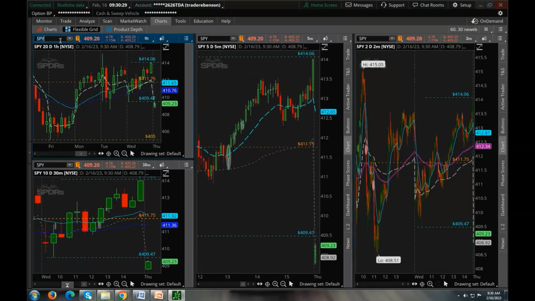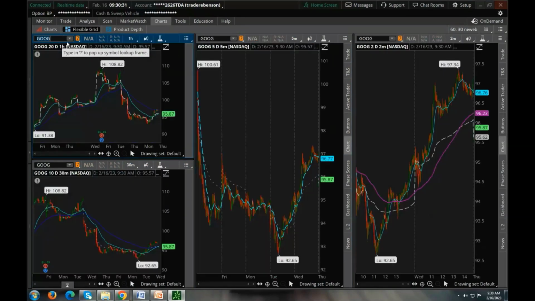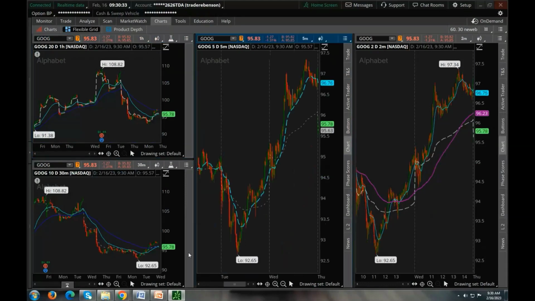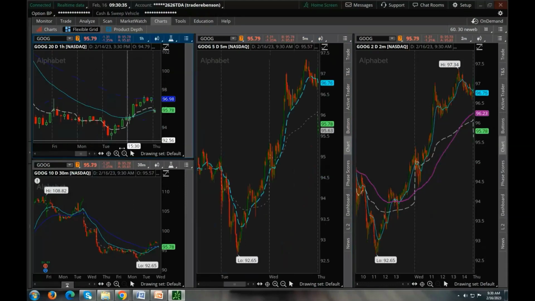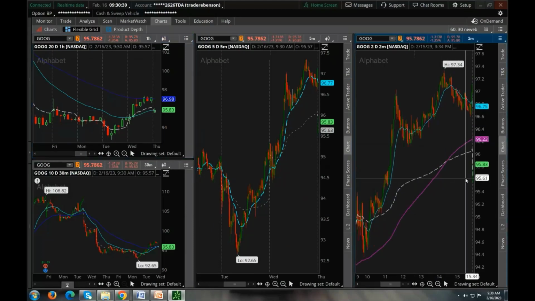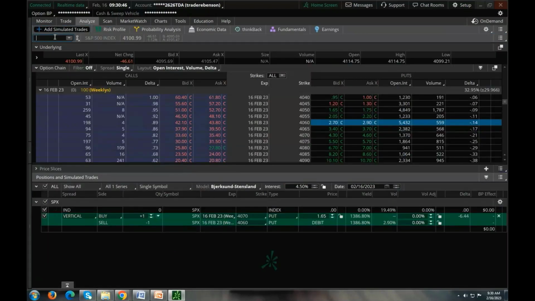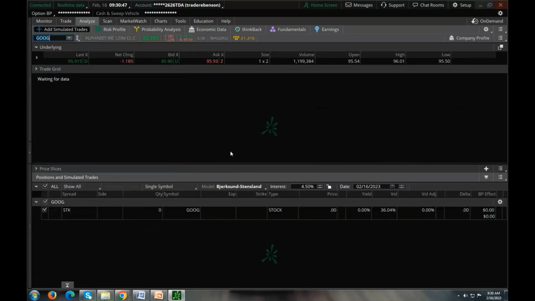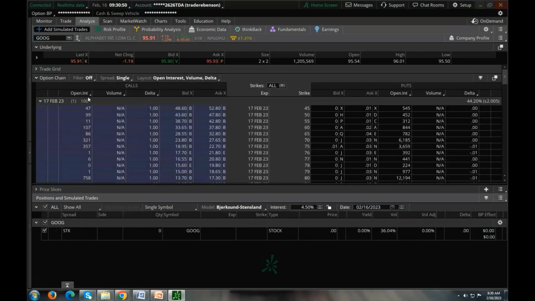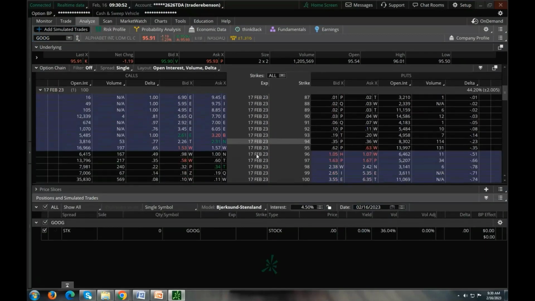Google changed a lot from yesterday's setup. Google does look pretty decent. What we were planning on this was long calls. The setup isn't as potent as what it was yesterday.